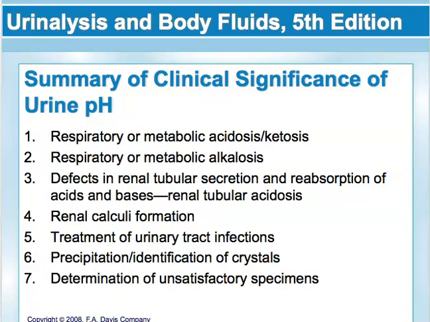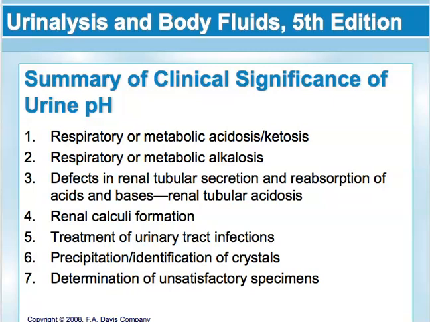Okay, clinical significance of the pH. It can be used in the determination of systemic acid-base disorders of metabolic or respiratory origin, and in the management of urinary conditions that require the urine to be maintained at a certain pH. So respiratory or metabolic acidosis or ketosis or alkalosis.